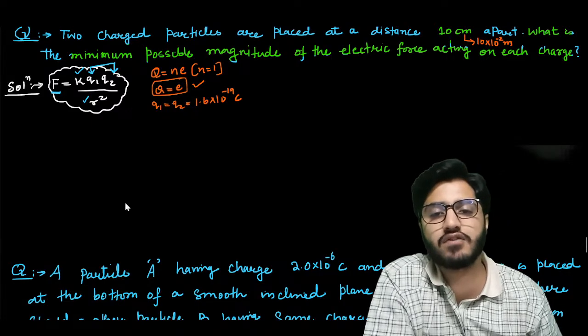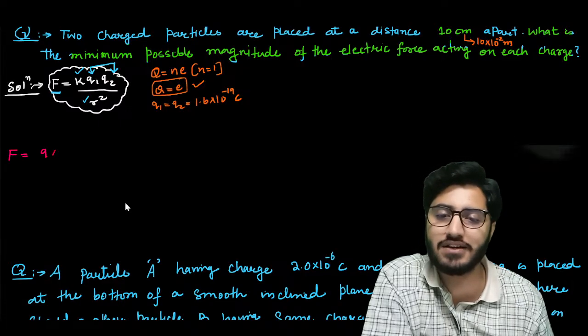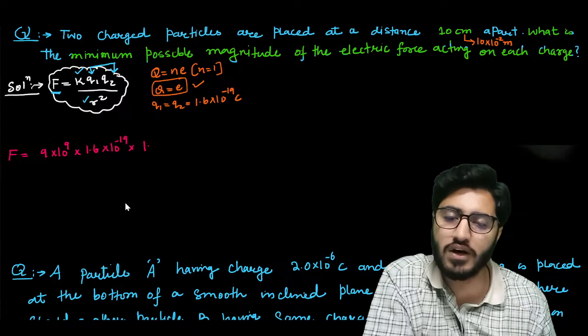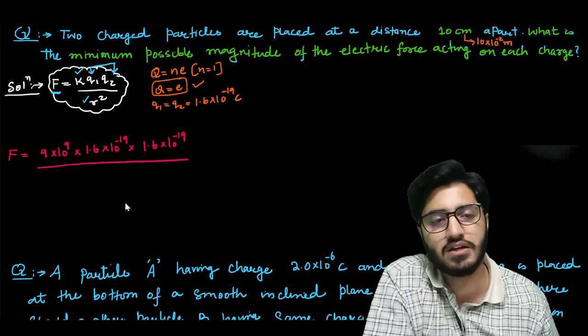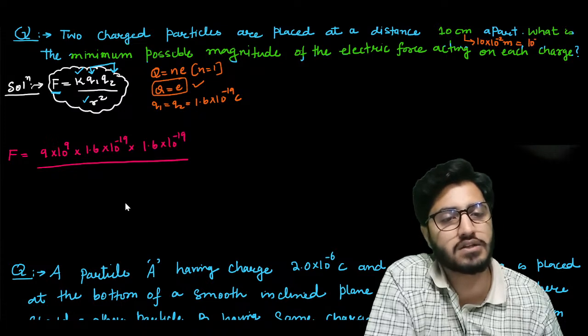Place these values in my equation, so I will get F. What is K? K is 9 into 10 to the power 9. Q1 is 1.6 into 10 to the power minus 19 Coulomb, Q2 is also 1.6 into 10 to the power minus 19 Coulomb, whole divided by R squared. R is 10 to the power minus 1 only.